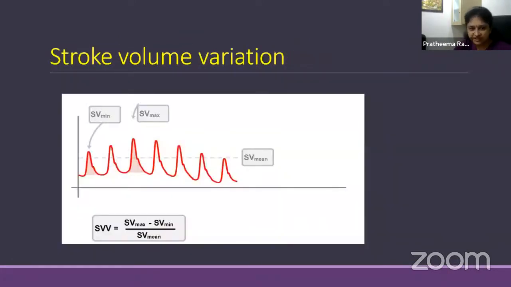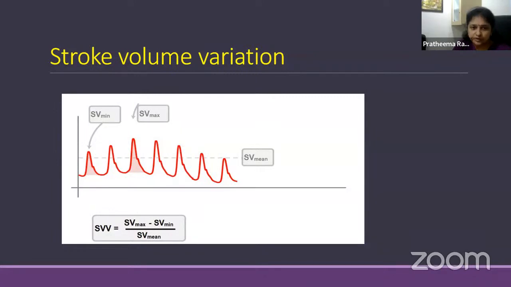Next is stroke volume variation. Every time we give a breath, or if we give a big intrathoracic volume, the lungs expand and blood is squeezed out of the chest into the other parts of the body. If the volume is very low, then there is going to be a very big change, an exaggerated response.